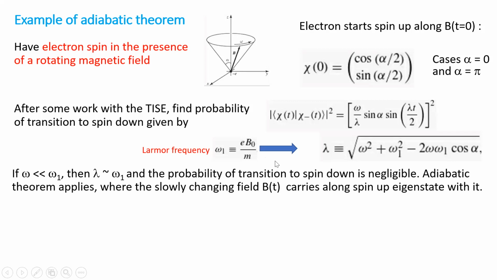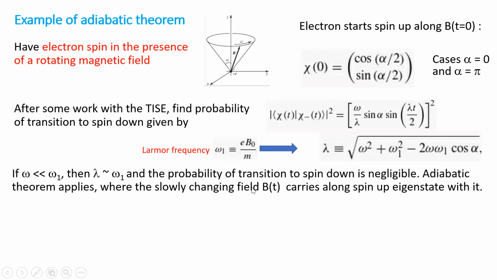And in that case, in the transition probability to spin down, we'd have omega over lambda, but lambda is omega 1, and omega over omega 1 is going to be very small because omega is much, much less than omega 1. So this whole thing, and then it's squared, gets really, really small. So the probability of transition to spin down becomes negligible in this case, where omega is much, much less than omega 1. So the adiabatic theorem applies, where the frequency of the field is slow compared to the Larmor frequency.